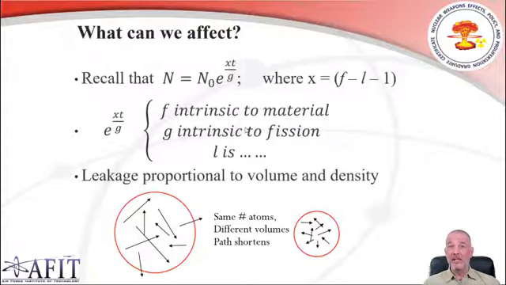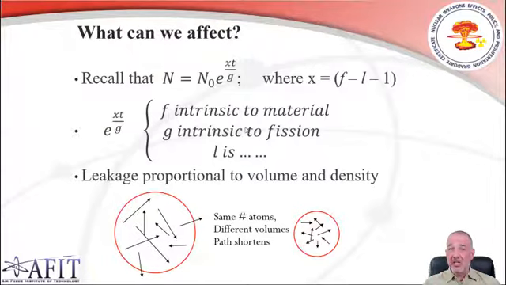One is the number of fission neutrons produced per fission. That is generally a function of the fissile material itself, although it does have some dependence upon incident neutron energy. Generally speaking, the higher the energy of the incoming neutron, the more likely you are to produce more neutrons than normal, like say the absorption of a thermal neutron.